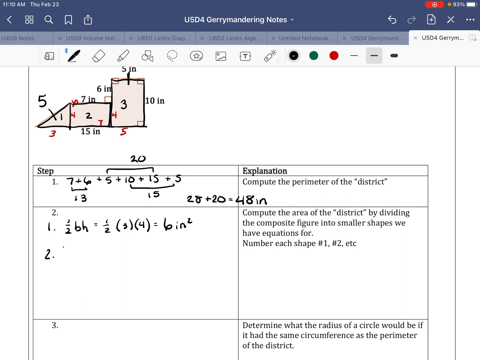Number 2 is a rectangle, which will just be base times height, 7 times 4, which will be 28. And my third one, again base times height, is 5 times 10, which will get me 50. From which point I'm going to add up all of my values. 50 plus 28 plus 6, I get 84.